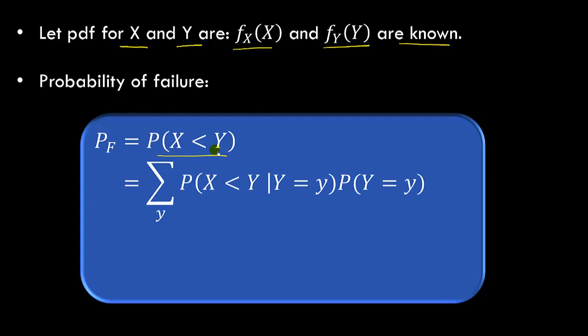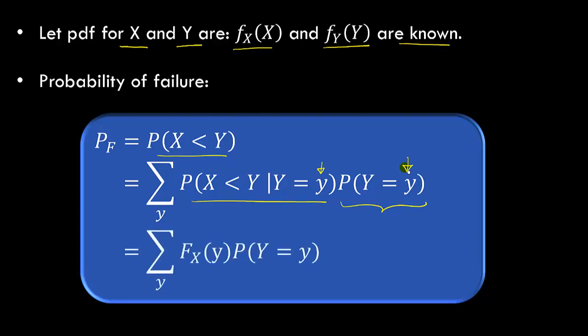So we will use total probability theorem to write this expression, and we can write probability that x is less than y given that y is equal to a small y, and then we have to multiply by an expression, that is probability that y is equal to a small y.